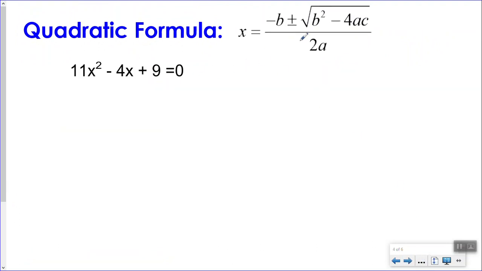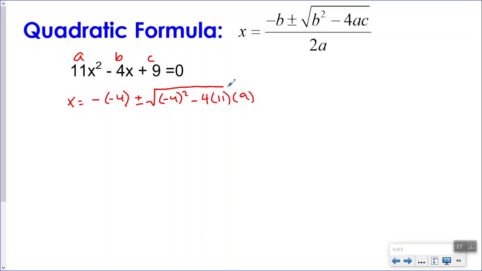So here's our first example. The first step that you need to show is your substitution step. So we're going to substitute in our values. So we have negative b, so b here is negative 4. So we're going to have negative b. You want to make sure you're careful with your signs when you're substituting in. Plus or minus the square root of b squared minus 4 times a times c all over 2a, or 2 times 11.